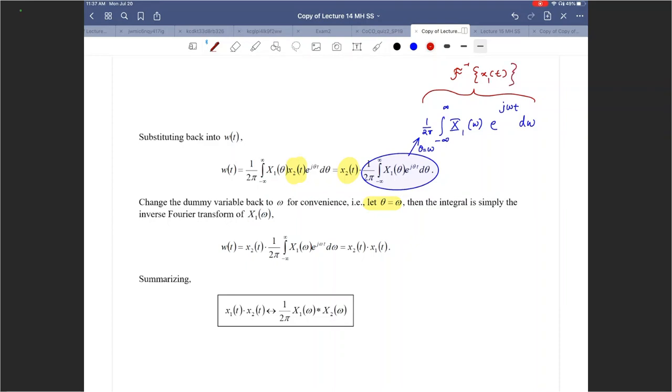So combining all those results, you can see that w of t is simply the product of x2 and x1 of t, which is essentially the time domain multiplication property. If you multiply things in time, you are essentially convolving in the frequency domain, and vice versa, right?